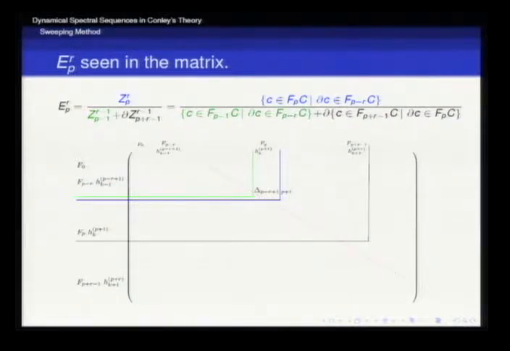So once again, let's try and look at the filtration and what this module is in the matrix. Since we're looking at all chains from column P plus 1 to the left, that's what we see here. That's the ZRP. The ZR minus 1 P minus 1 is exactly the same thing. We're going to look at the filtration P minus 1, so all of these to the left.